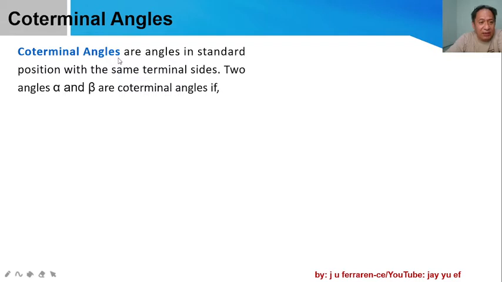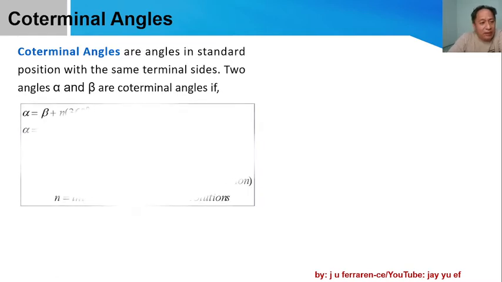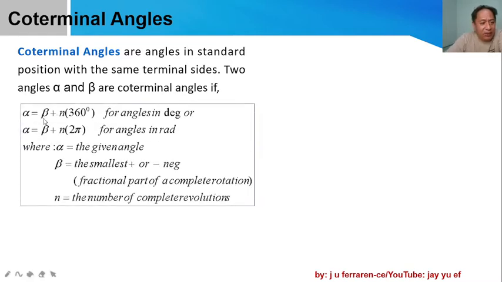So coterminal angles are angles in standard position with the same location of terminal side. Two angles like alpha and beta are coterminal angles if alpha is equal to beta plus n times 360 degrees. Use this when the angle is expressed in degrees.